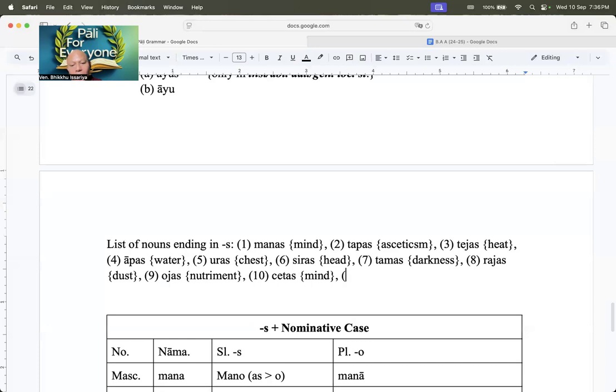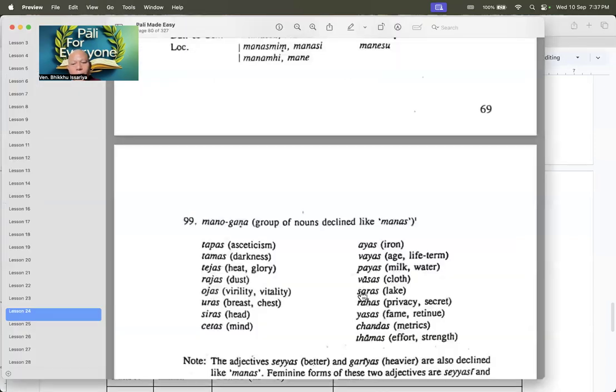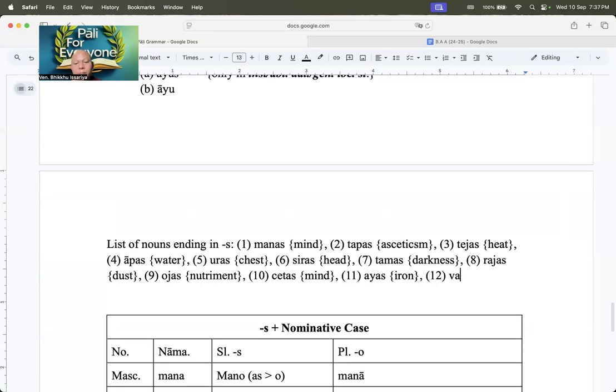And now 11, ayas. Ayas means iron. And vayas. So vayas means age.